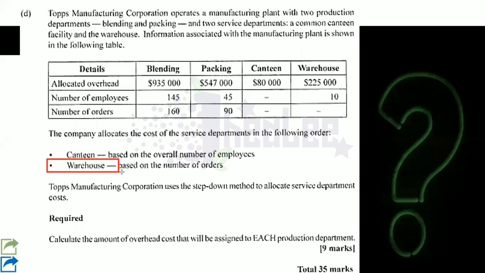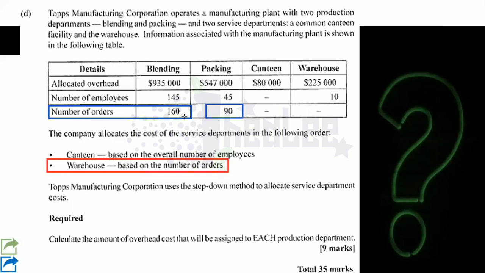And the warehouse cost is to be allocated based on the number of orders, where we see in the question that the number of orders for blending is 160, while for packing that is 90.